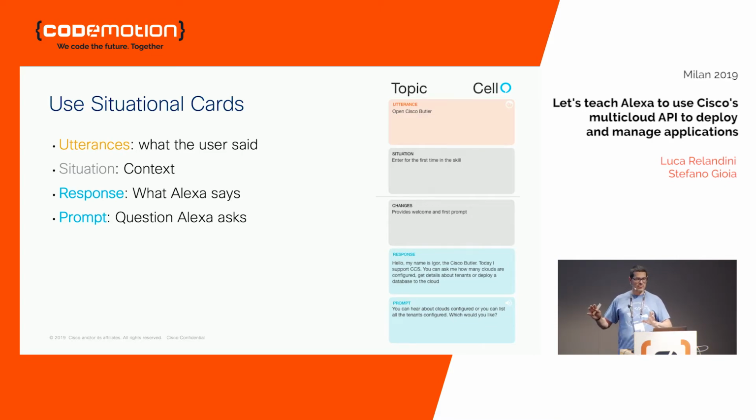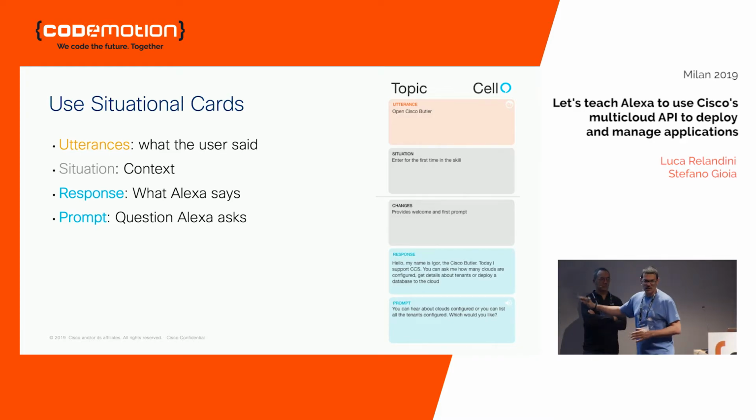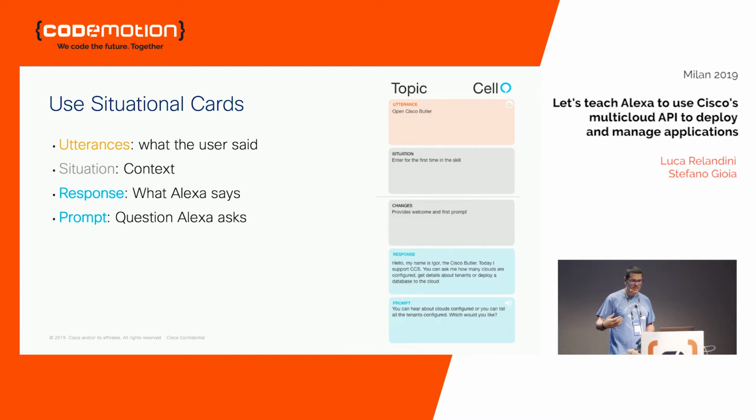So the Alexa suggestion is to use situational design, in which you define, for example, the utterance and the situation, enter for the first time in the skill, provide a welcome and first prompt, and then specify all the interaction. It's a very easy way that will really help you to develop a skill.